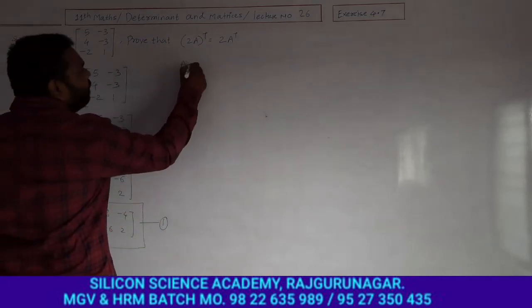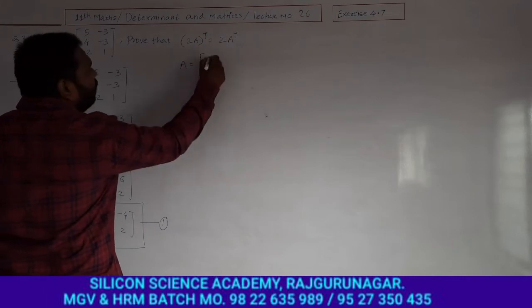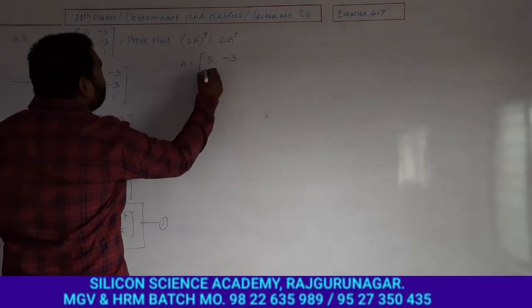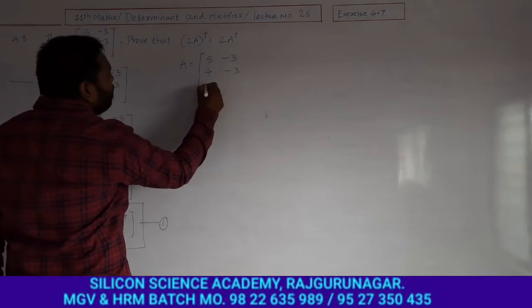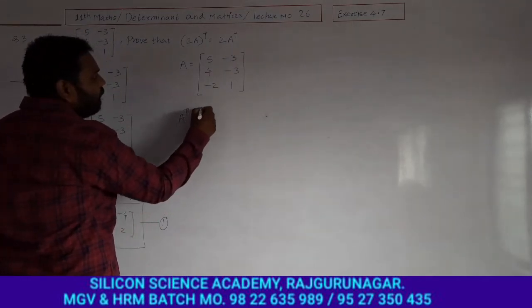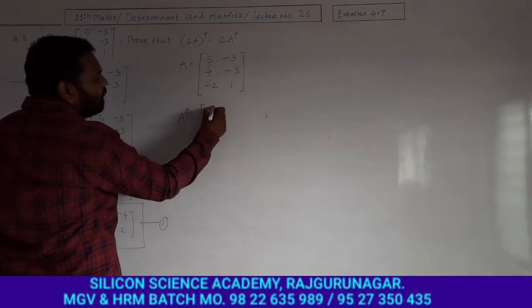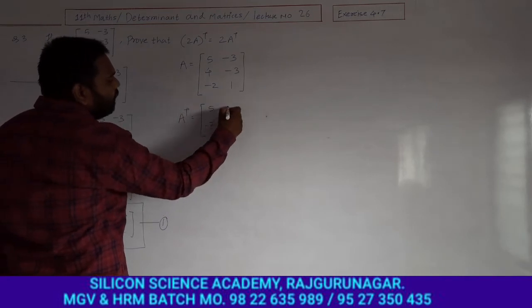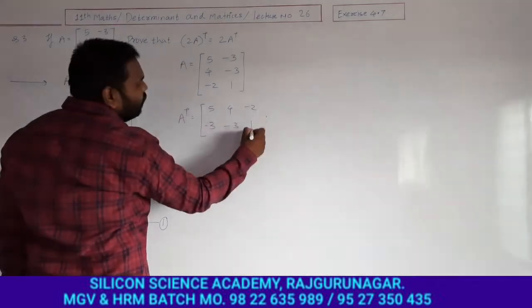What is A? That is 5 minus 3 4 minus 3 minus 2 1. This is it. Now find A transpose. This is it.